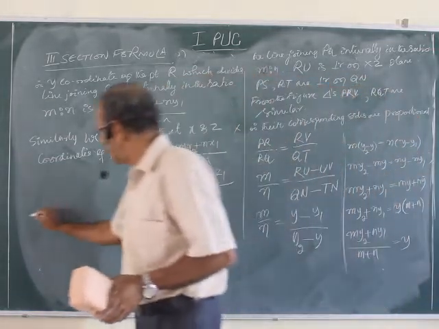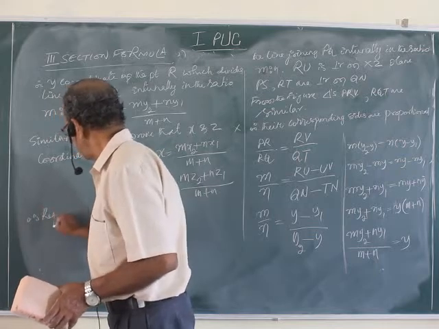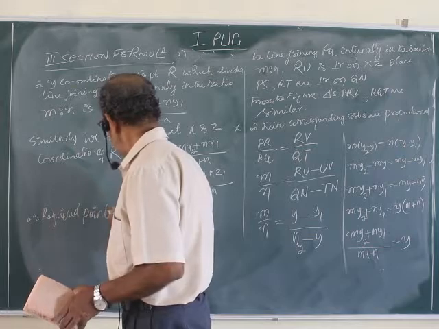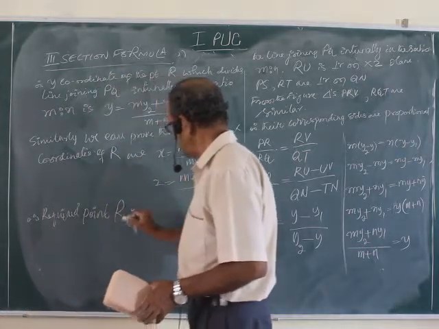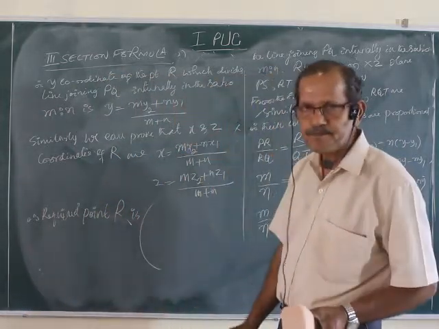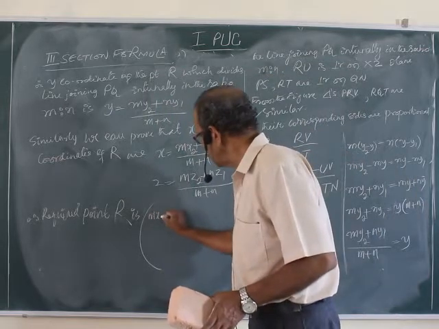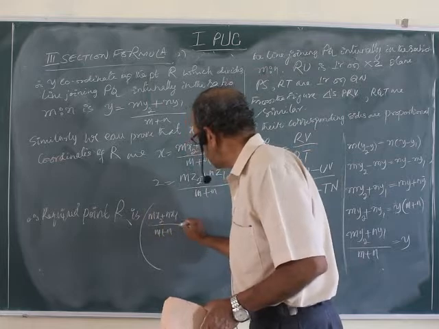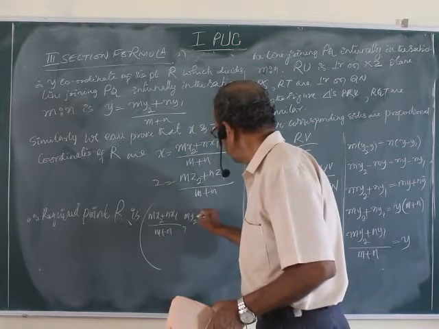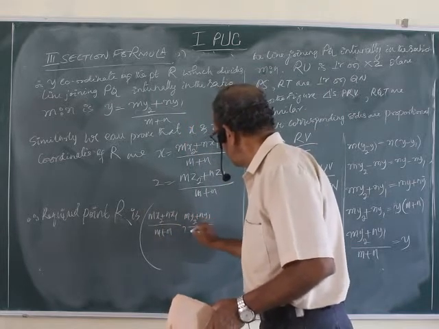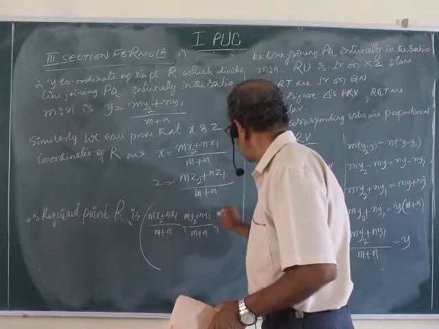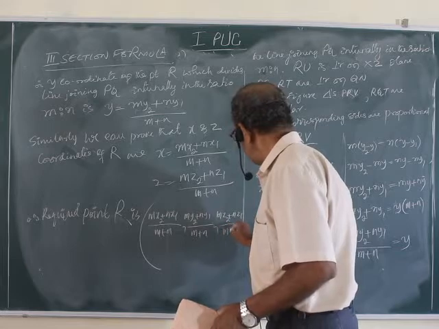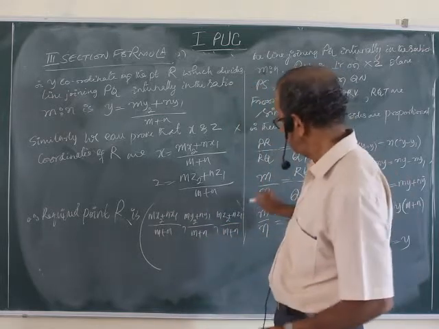Finally, therefore, the required point R is: mx2 plus nx1 by m plus n is the x coordinate, my2 plus ny1 by m plus n is the y coordinate, mz2 plus nz1 by m plus n is the z coordinate.